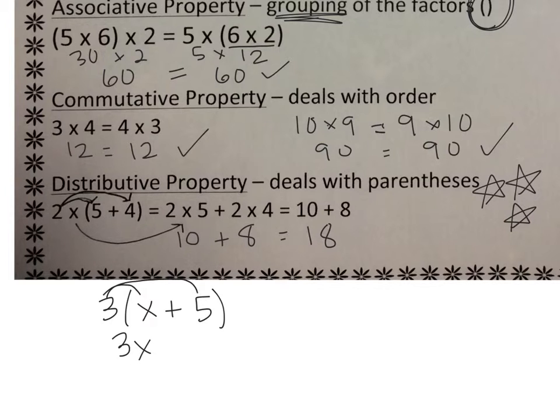And the 3 times the 5, that's 15. And now I could solve if I knew x. I'm going to leave you with that because we will learn a lot more about this when we get to algebra. The distributive property is most commonly used in algebra. It's kind of funky when it's not algebra, but you'll understand when we get there. Good luck.